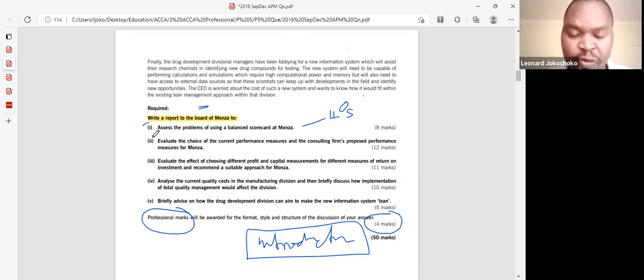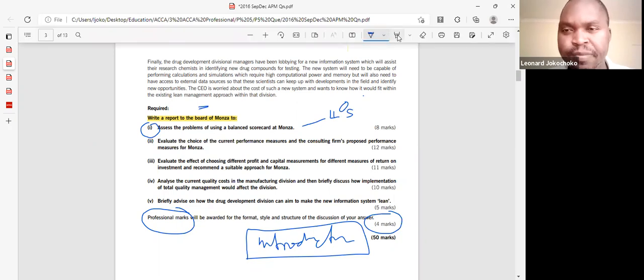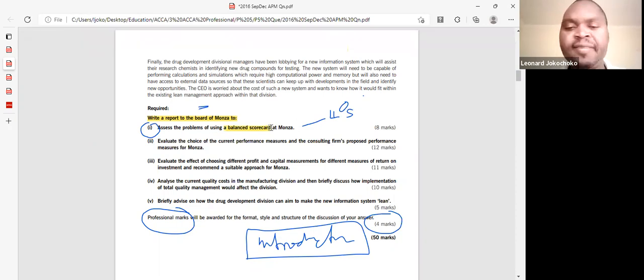Right. The first requirement says, assess the problems of using a balanced scorecard. So when you see a question like this, you need to understand the verb. The verb is assess. What are you doing when you're assessing? When you are assessing, you are discussing the strengths and the weaknesses of a particular thing.